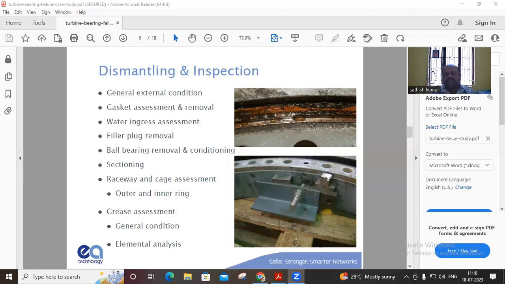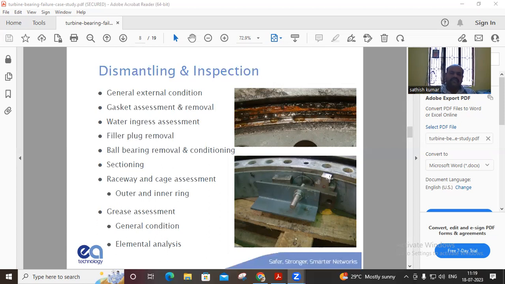So we have to check. There is a checklist for this inspection. We have the general external condition of the ball bearing, gasket assessment and removal, water ingress assessment, filler plug removal, ball bearing removal and conditioning, sectioning, raceway and cage assessment, grease assessment.